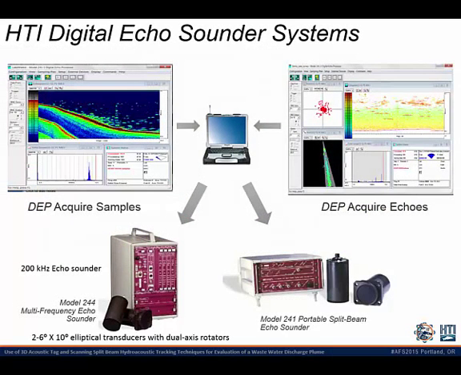We also did hydroacoustic sampling at the site, and we utilized an HTI model 244 multi-frequency echo sounder. It utilized two 6x10 degree elliptical transducers, and they were mounted on dual axis rotators.